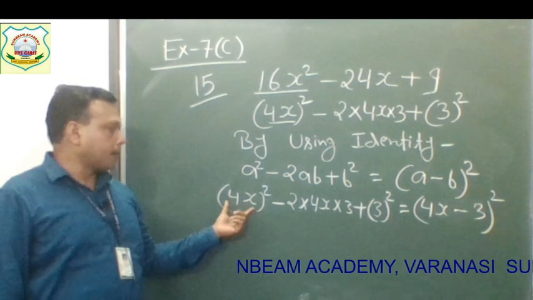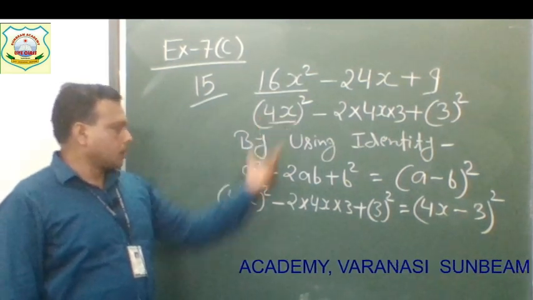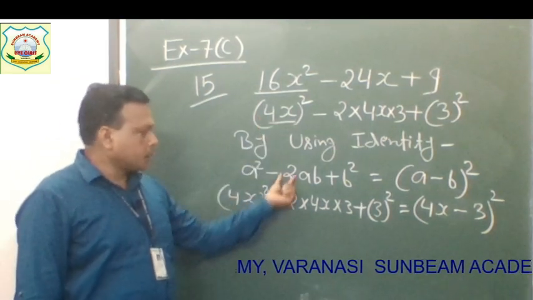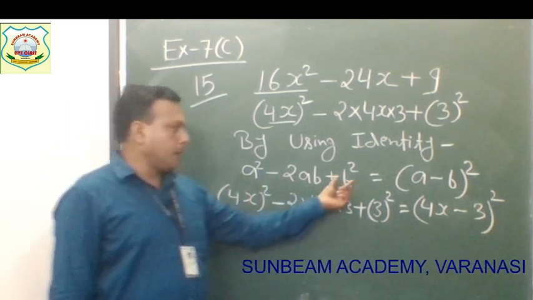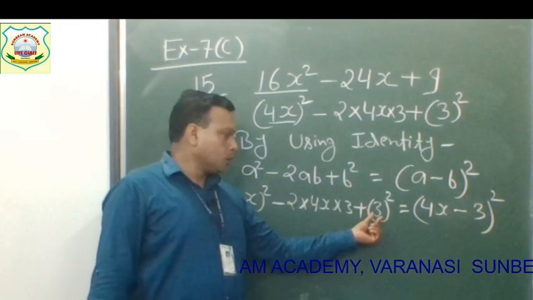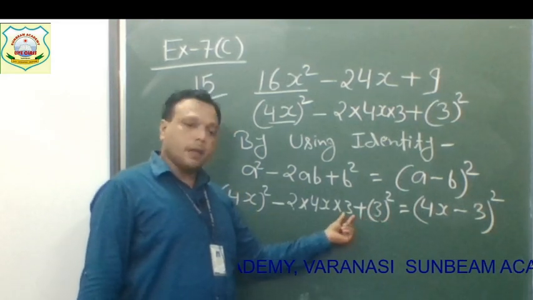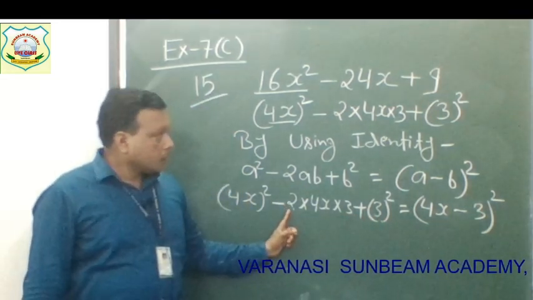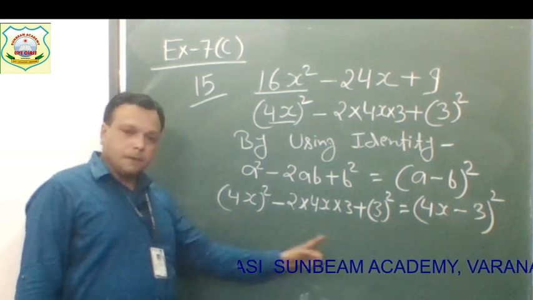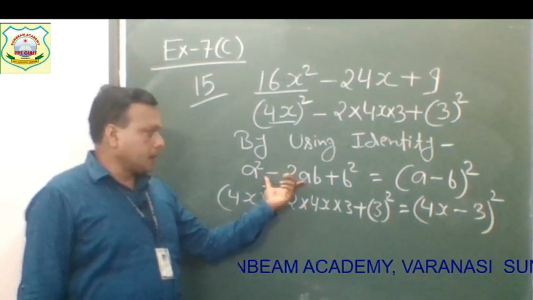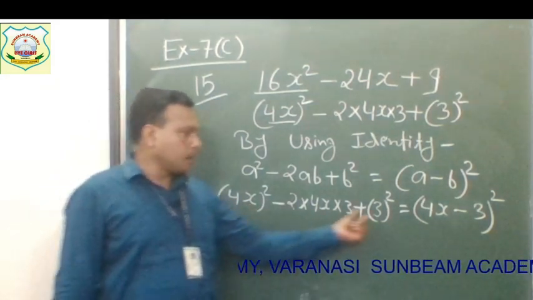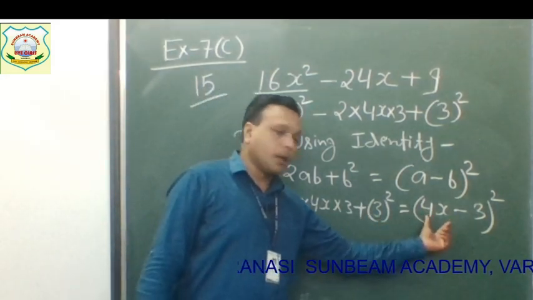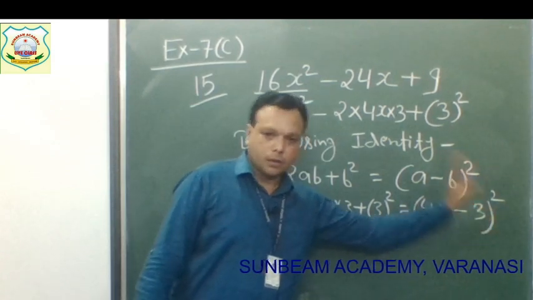A square is 4x whole square, minus 2 multiplied by a value, which is 4x, and b square is 3 whole square. So here 3 is b. Now we have already corrected this one, and based on this it is a minus b. Similarly here, a is 4x and b is 3. So what can we write? 4x minus 3 whole square.